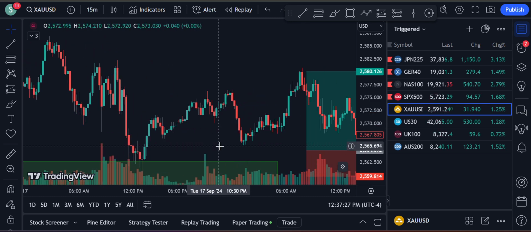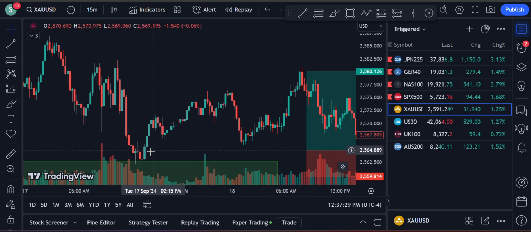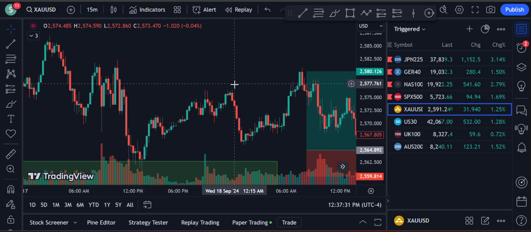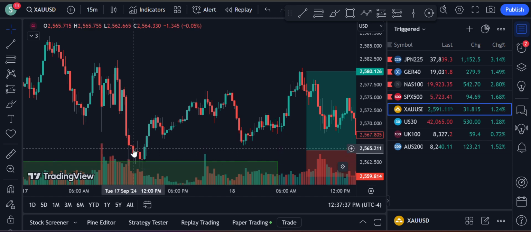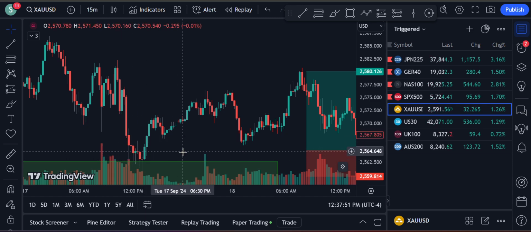Then, even though it broke above this supply zone and this supply zone, this is not a good demand zone to trade. We can see a good leg in candle, but one, two, three, four, five, six, seven, 6 or 7 base candles, which is not a sign of a good or powerful demand zone.